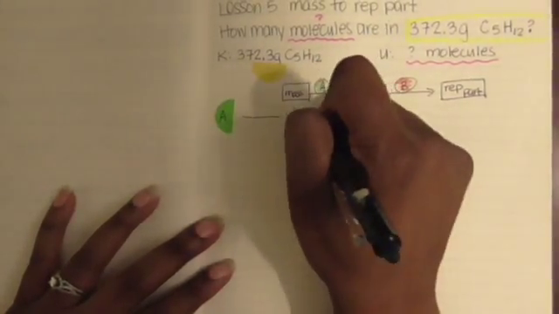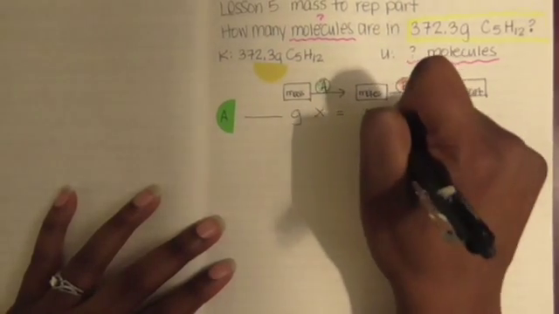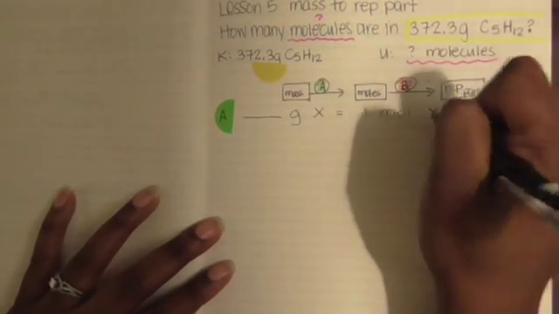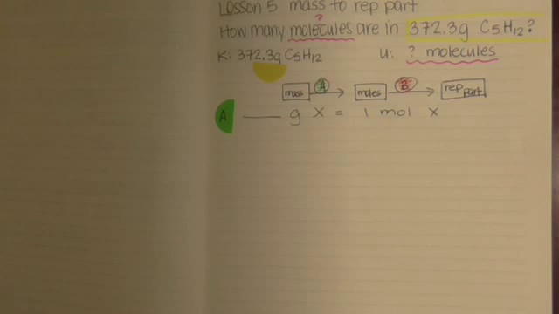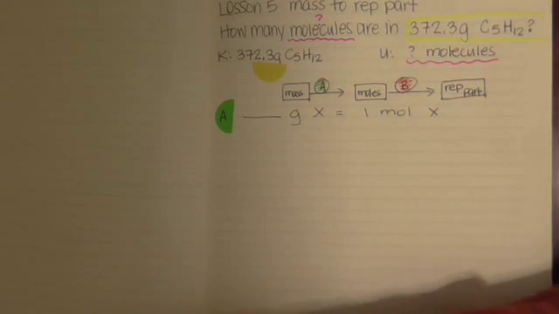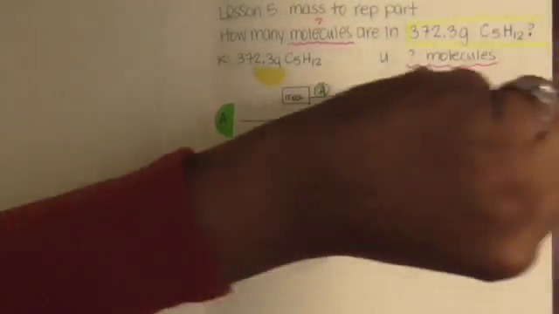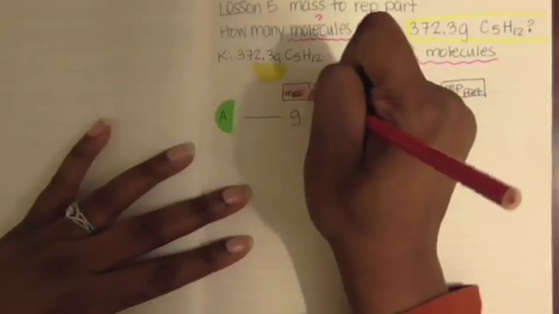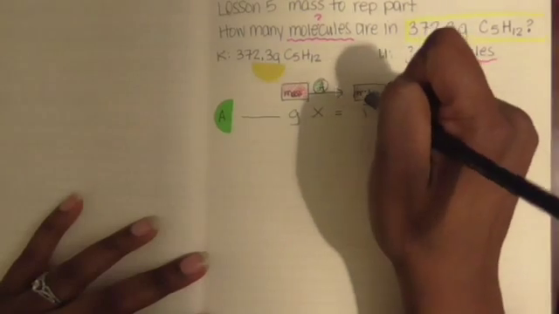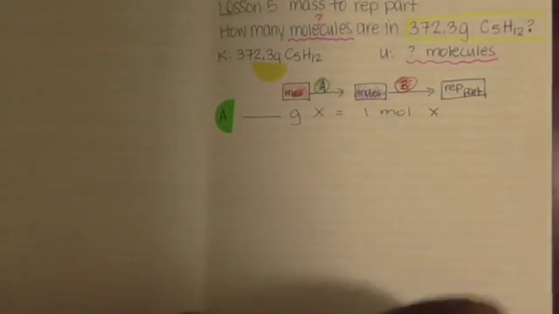Blank grams of X is equal to 1 mole of X. By the way, if you are a visual person and color actually helps you, there is nothing wrong with taking the time to actually color in these boxes here to represent the same colors that they were on the chart. That actually may help you to wrap your brain around it a little bit better. So this was our red box, and then this was our purple box. And then we're ending in our blue box.